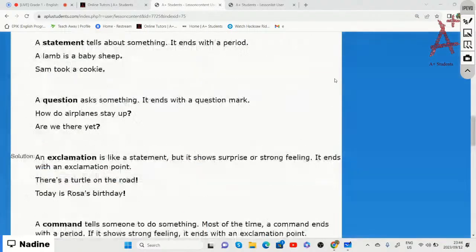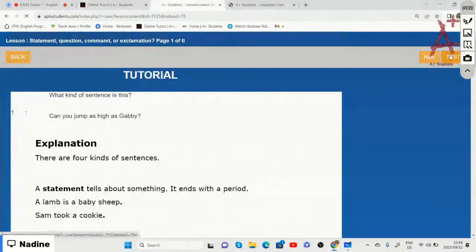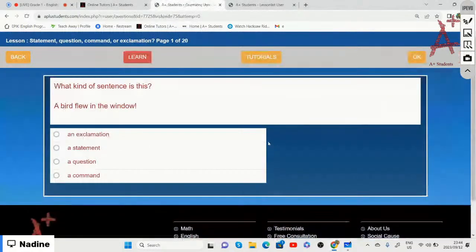All right, and now we're going to do our test. We are either saying it's a question, a statement, a command, or an exclamation. What kind of sentence is this? A bird flew in the window. It ends with an exclamation point.